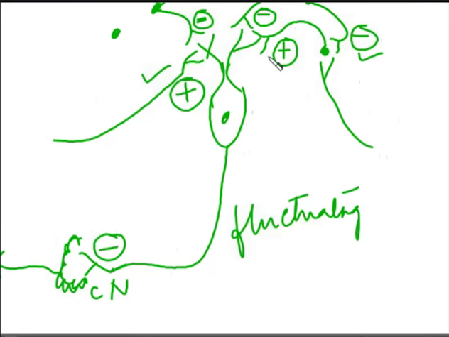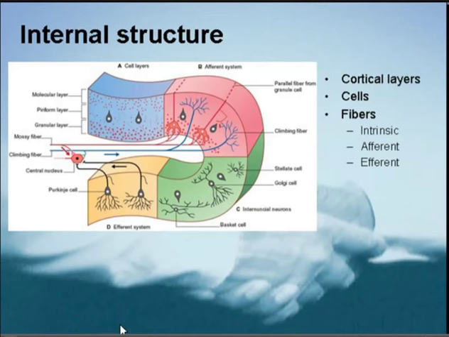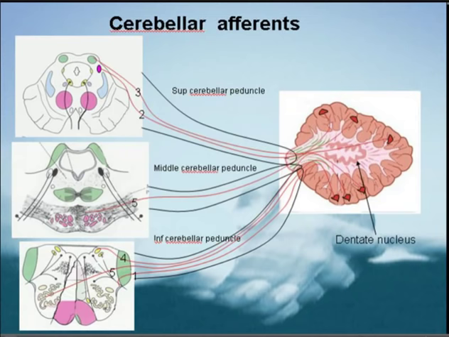So let's go back to our PowerPoint, and now let's look at the next slide where we are looking at important cerebellar afferents. Again, the numbers that you see here are based on what you have in your notes.